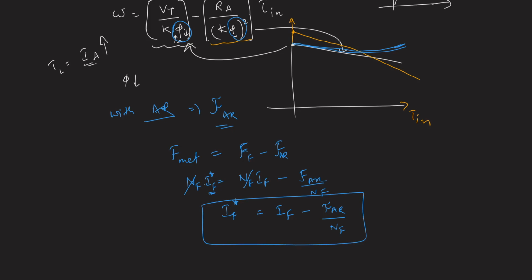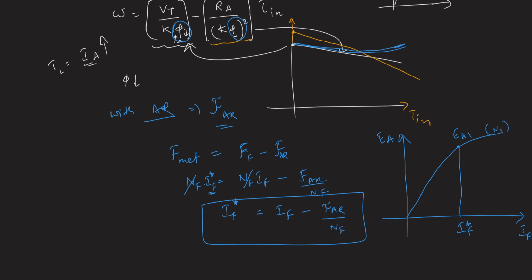From the OCC, EA versus IF, you find the corresponding induced voltage corresponding to IF star. Let us assume that is EA1, at the rated speed N1.